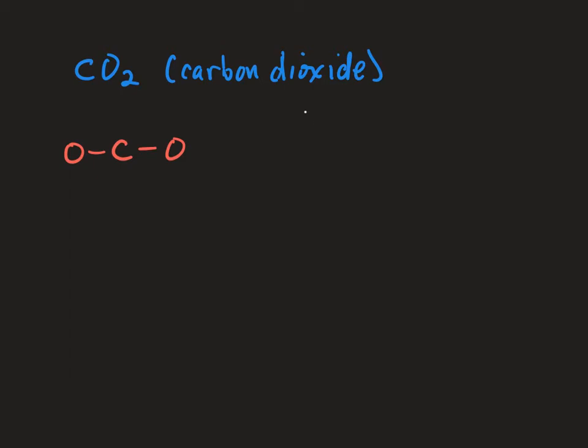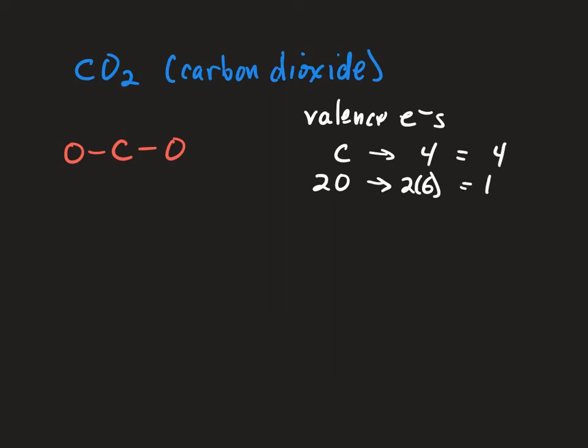If we count up our valence electrons, carbon will give us 4. Our 2 oxygens will give us 2 times 6, that's 12. That leaves us with 16 total valence electrons to account for.